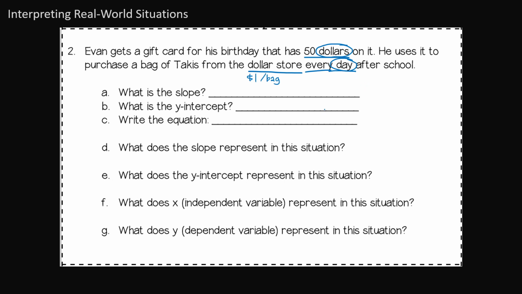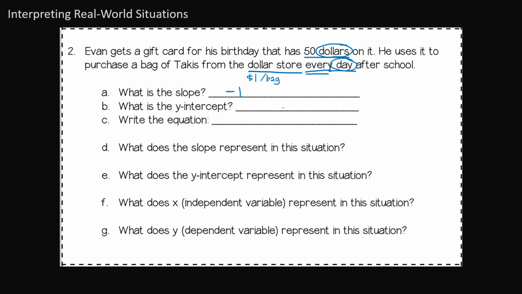So the slope, I identify the slope by finding the each, every, per, or something to signify rates. So every day. He buys one bag every day after school. So he has a gift card and he's spending money. When you spend money on a gift card, your balance decreases. So I'm going to say that the slope is -1, -$1 per day.